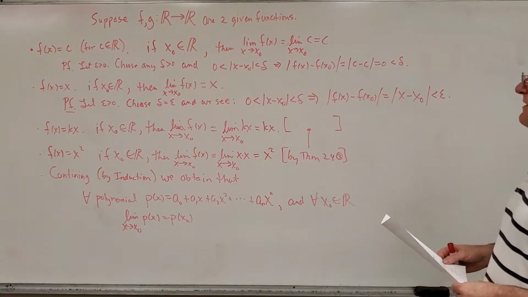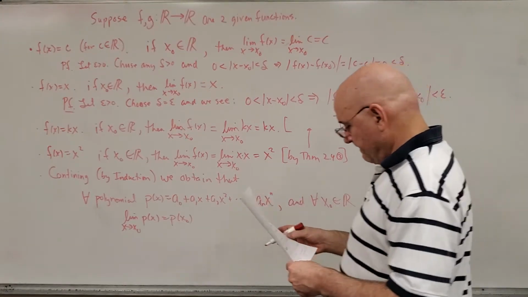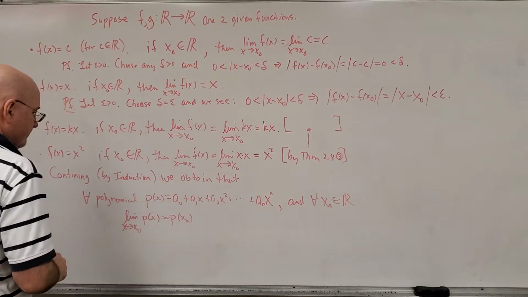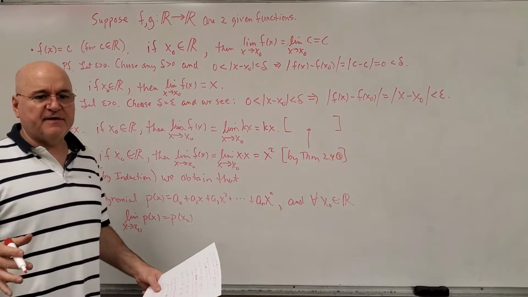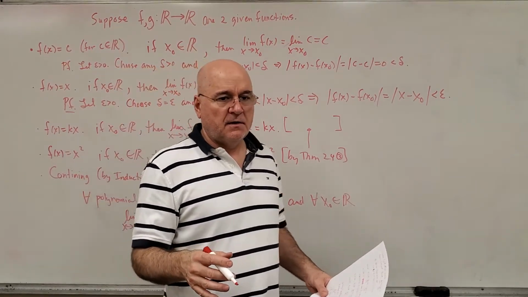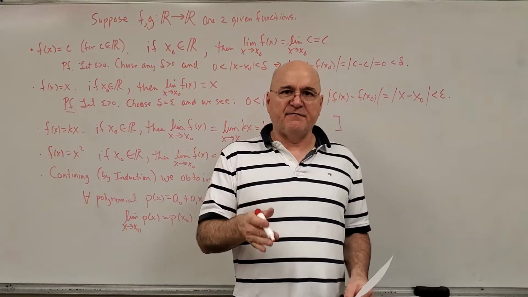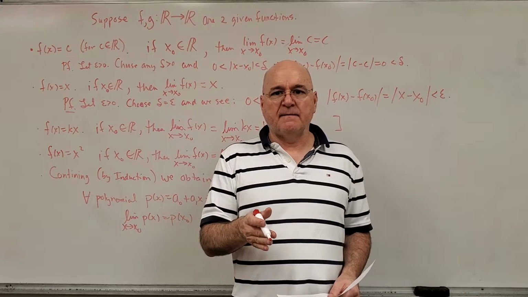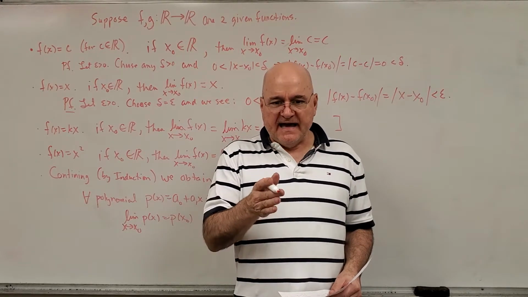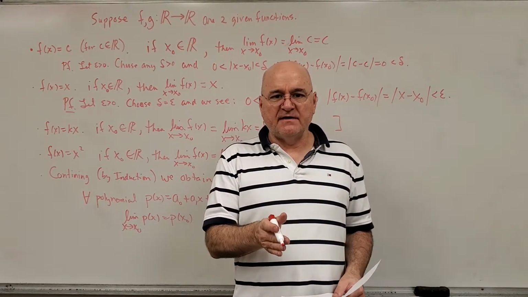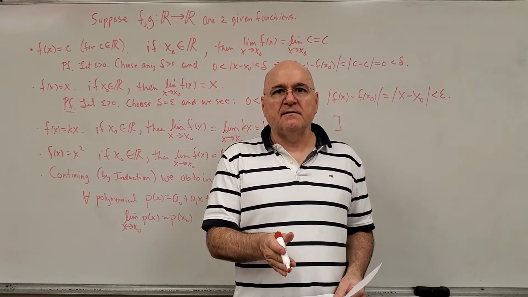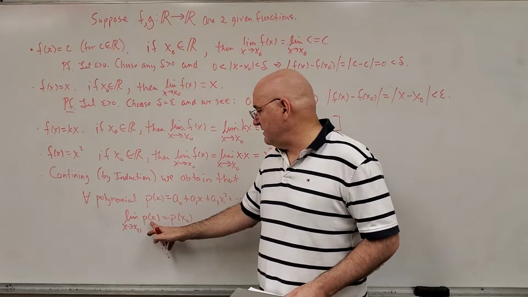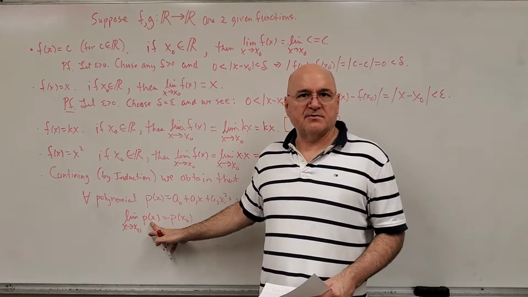I got one more thing to squeeze in down at the bottom. But that's highly important. We just showed that every polynomial has a limit at every single point in the real line. And at every point x naught on the real line, the limit happens to be p, the polynomial, evaluated at that point on the x-axis, or x naught.